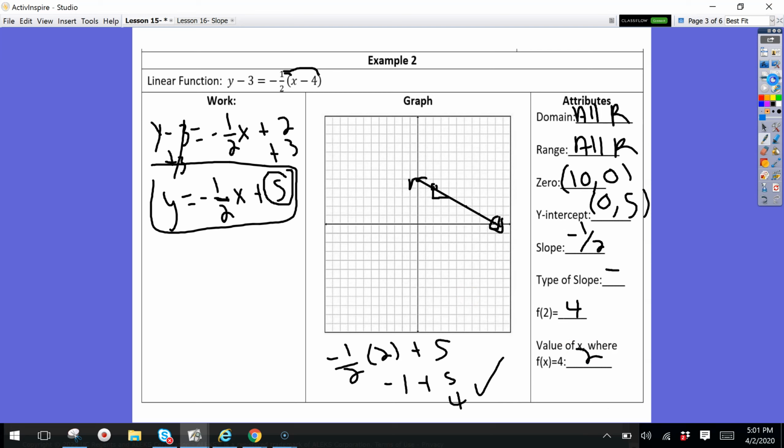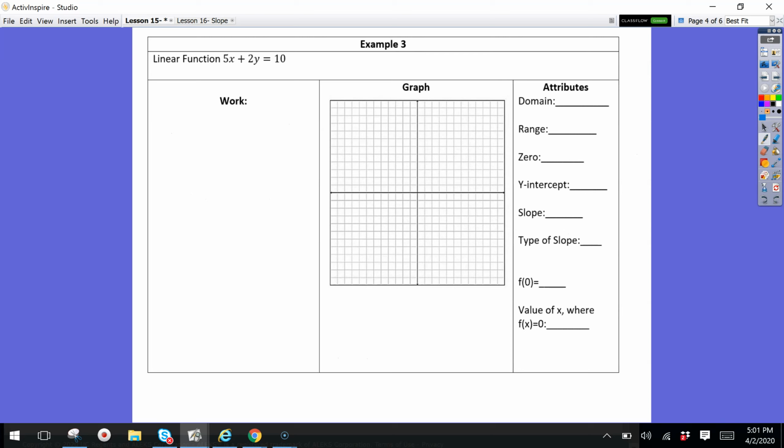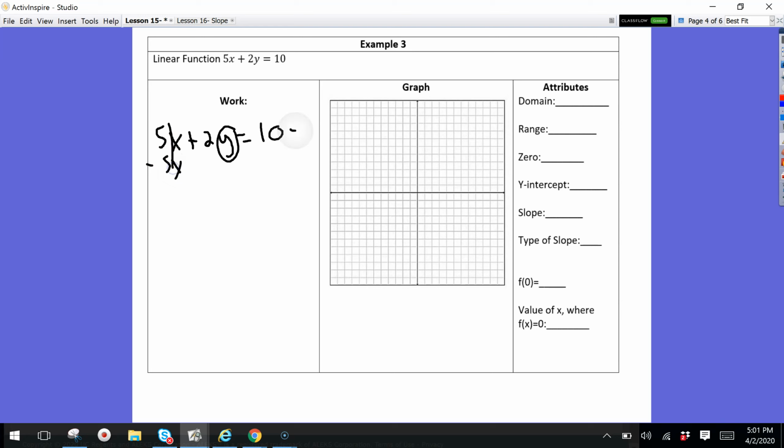Okay, so now in this case, again, it's not written in slope-intercept form, so I'm going to have to change it. So we're solving here for y. The first thing, remember, that we need to do is subtract 5x from both sides. And so we have 2y is equal to 10 minus 5x.